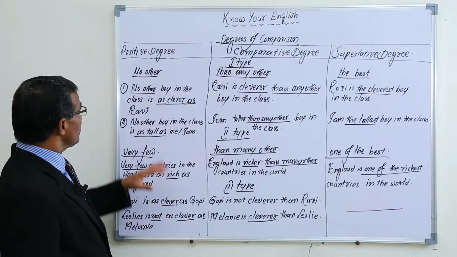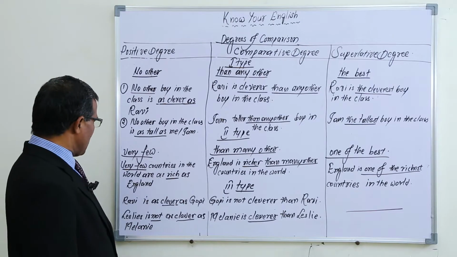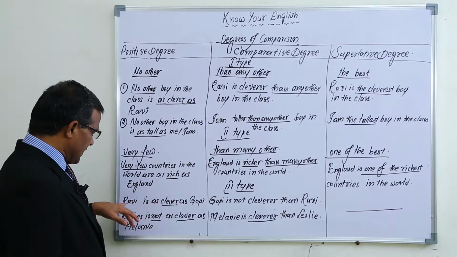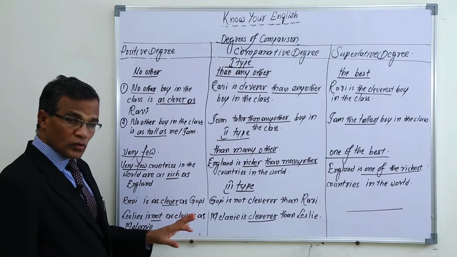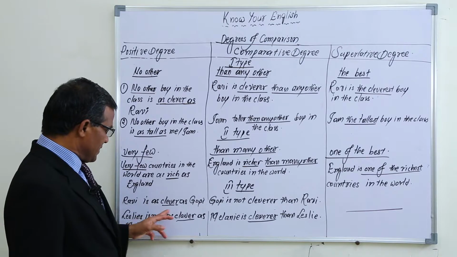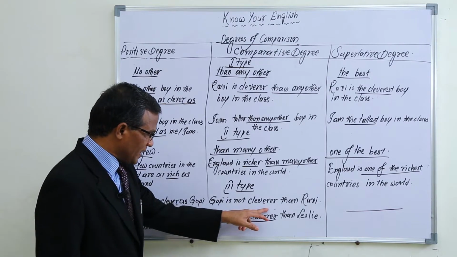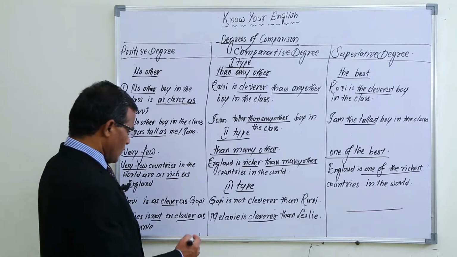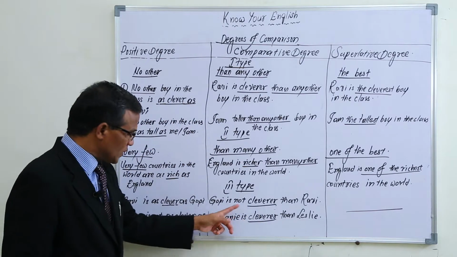As per this, in positive degree according to the third type, if a positive sentence is there, Ravi is as clever as Gopi. In this sentence, you don't find not or no. Then you see, Gopi is not cleverer than Ravi. Here we have used not.